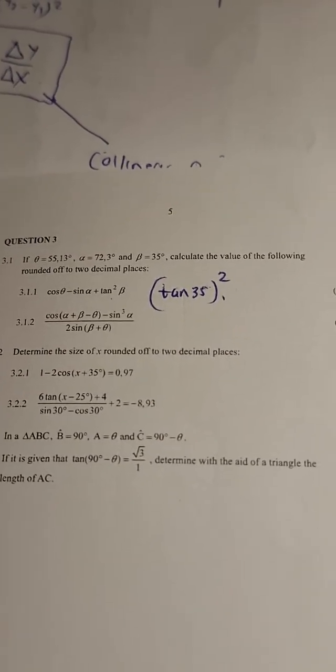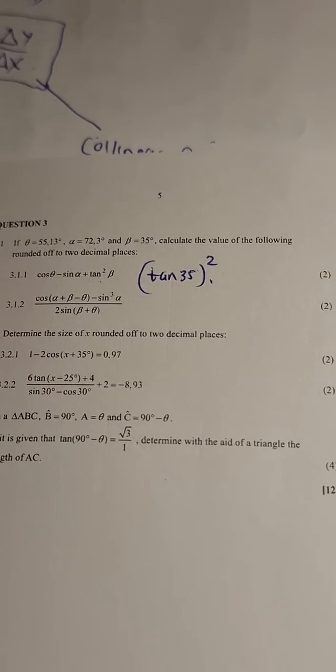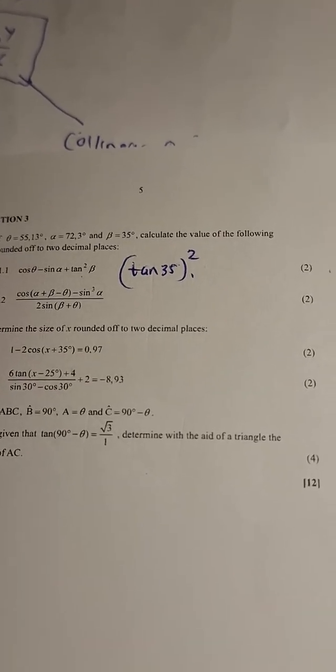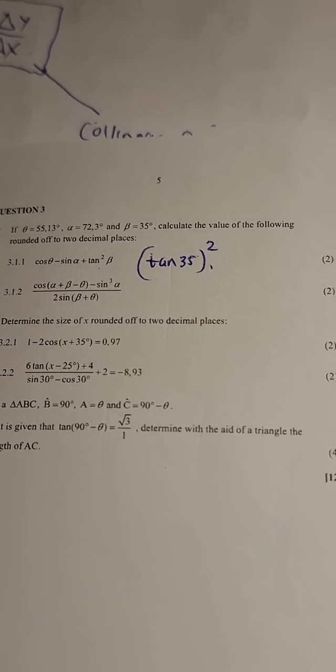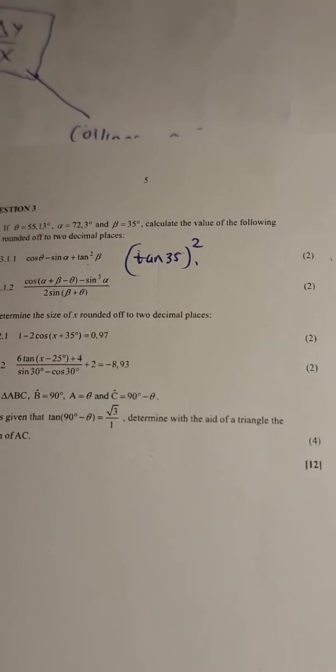Next, cos of alpha plus beta minus theta, minus sine cubed alpha over 2 sine beta plus theta.